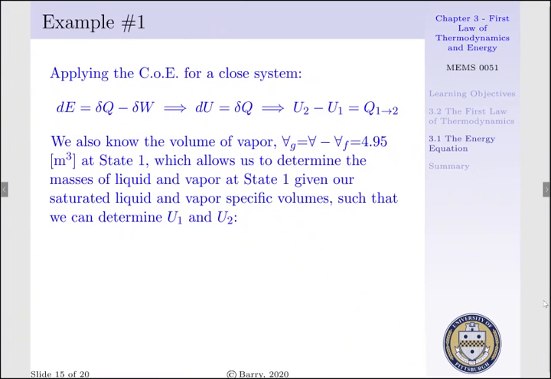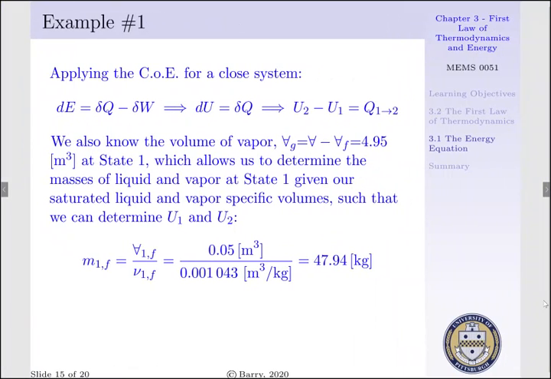For us to begin, we are going to look at state 1 to determine our internal energy at state 1. Since we have enough information, i.e., we know we are existing at 100 kPa, we know the volume of our saturated liquid and saturated vapor, and we know we are existing at a saturation temperature and pressure, we can determine our masses of our saturated liquid and saturated vapor, which will allow us to determine our internal energy at state 1.